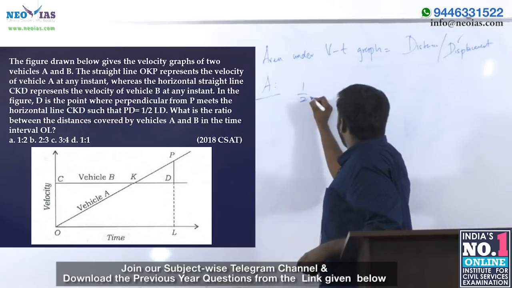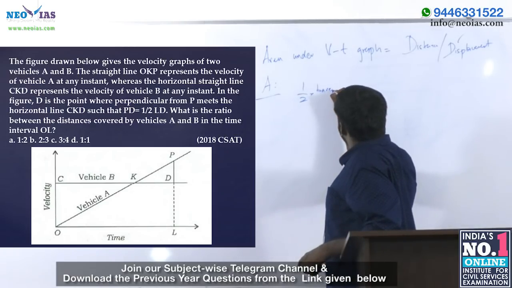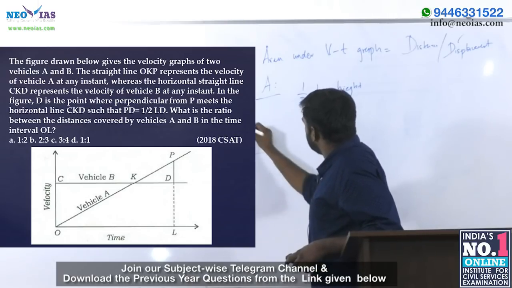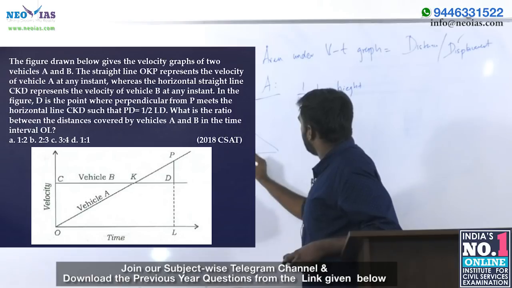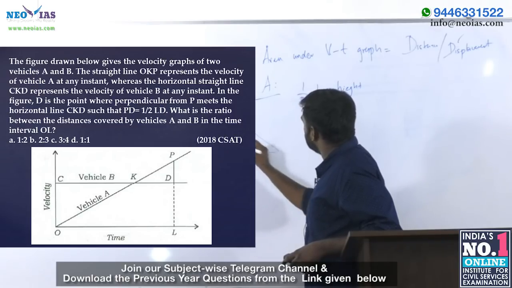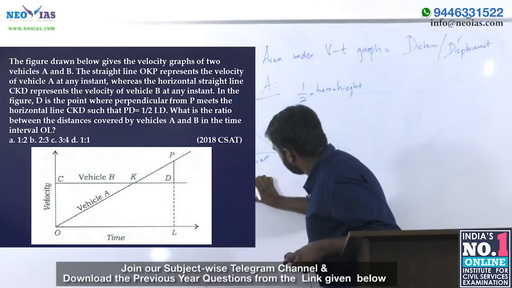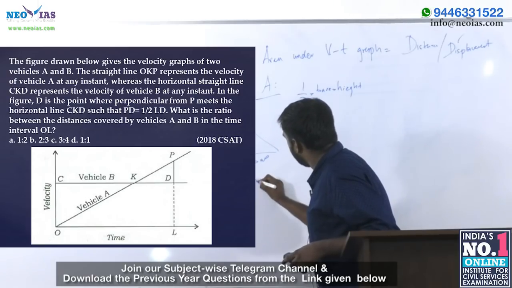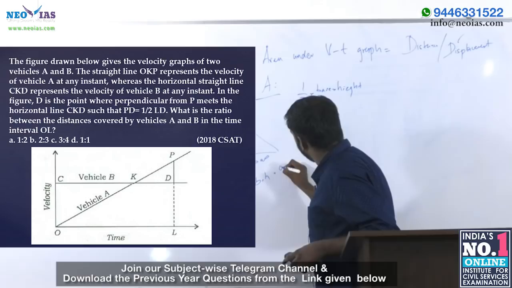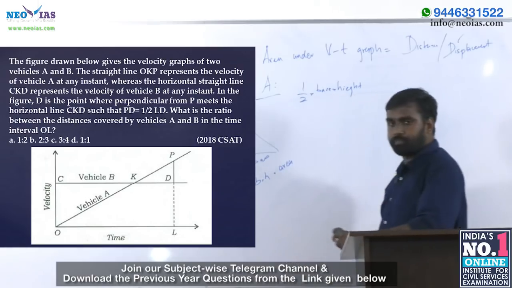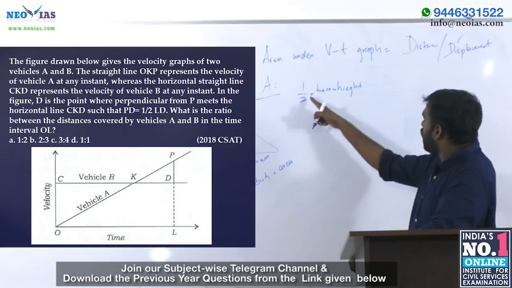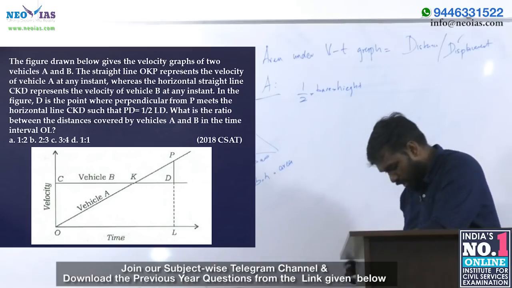Area of a triangle is half into base into height, right? This is a triangle, and this is the base, this is the height, half into BH will give you the area, right? So half into base into height is the area.